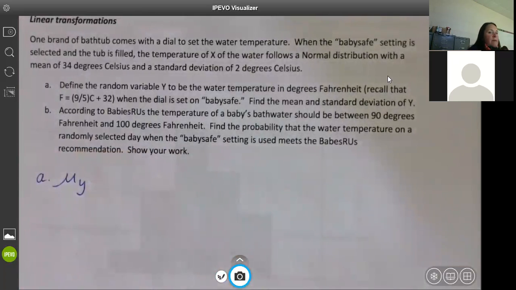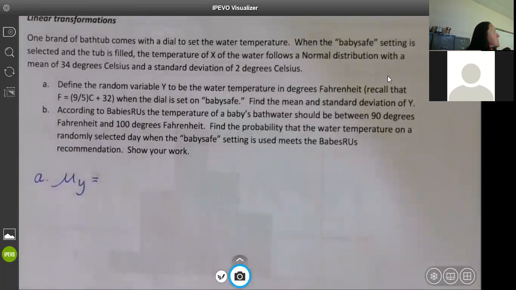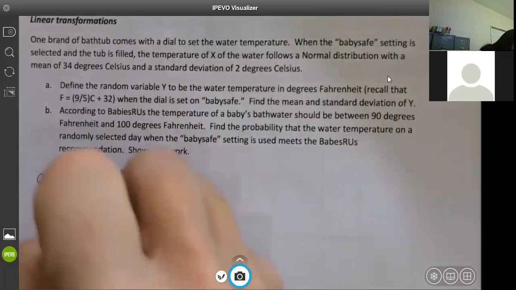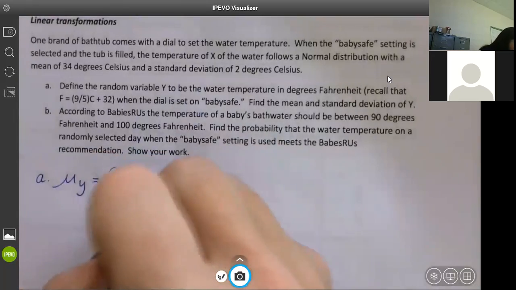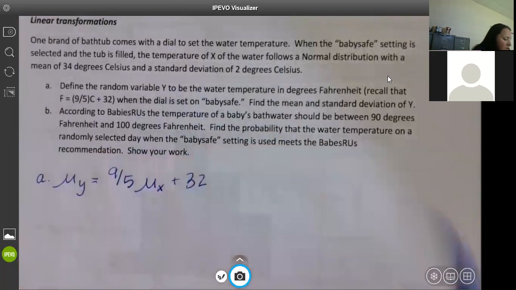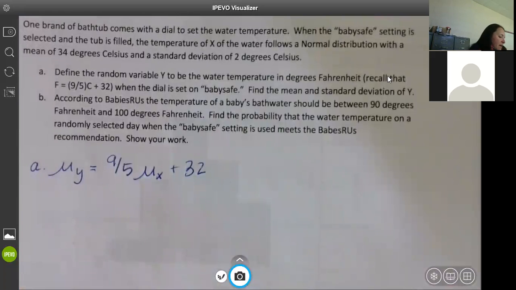So how would we find the mean of Y? The mean is affected by everything. So we're going to do the whole formula, but instead of putting C, we're going to put the mean of X, plus 32. The mean of X, the Celsius mean, was 34.